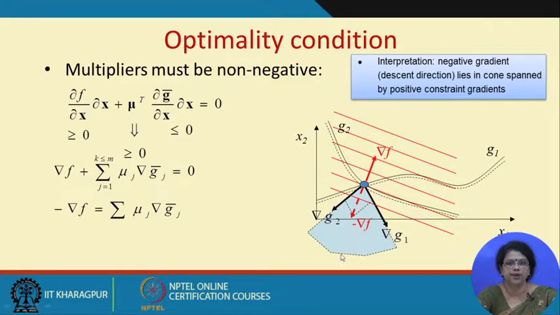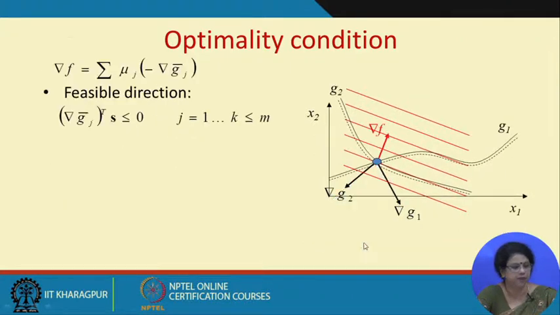That is why if we consider the half space over grad G1, grad G1 greater than or equal to 0 here, grad G2 greater than or equal to 0 here, and the cone that is spanned by the vectors grad G1 and grad G2, then this cone can be interpreted as the descent direction of the objective function, okay.